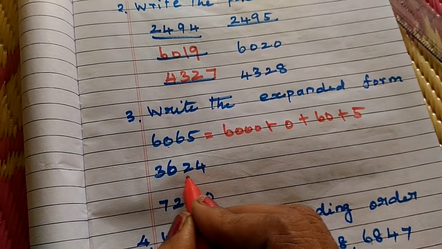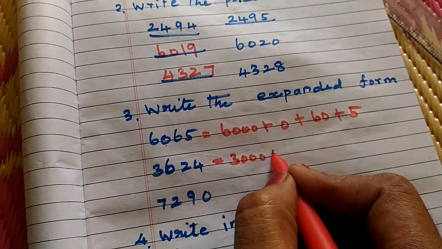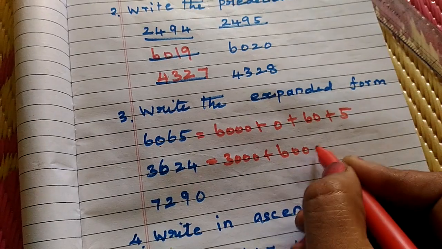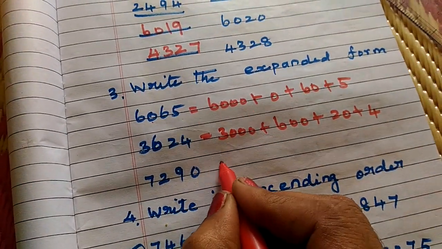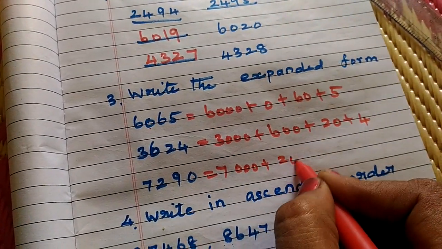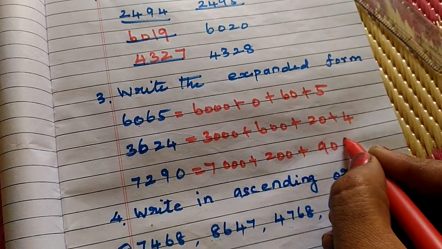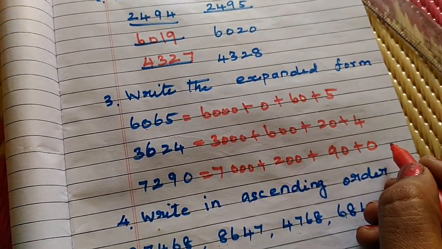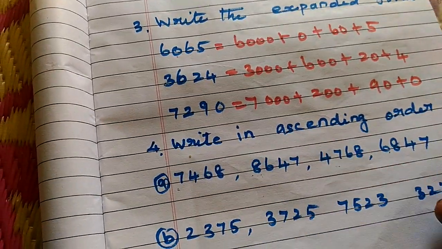Then 3624 is 3000 plus 600 plus 20 plus 4. Next, 7290 is 7000 plus 200 plus 90 plus 0 in the ones place.